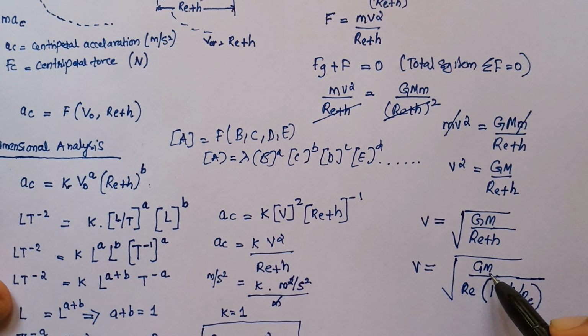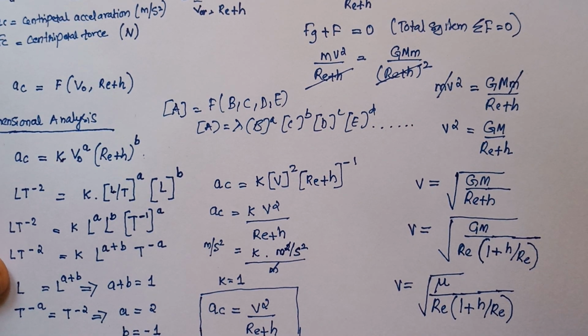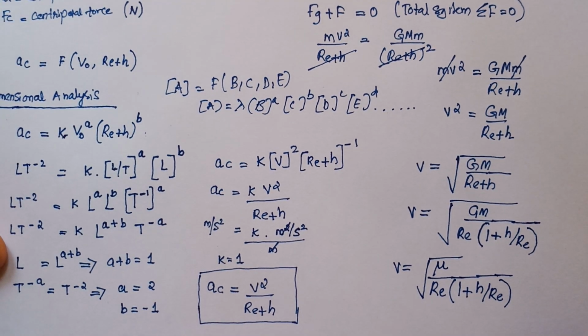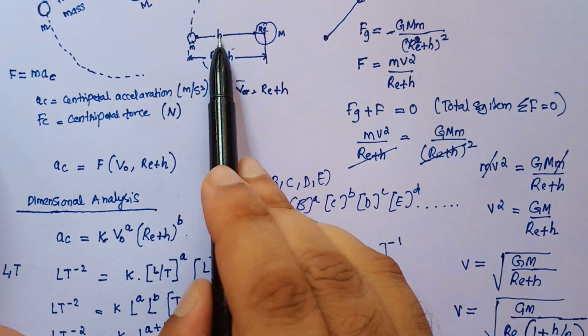So GM, we know it is the gravitational parameter represented by mu, and this is Re, so we can write v is equal to root of mu divided by Re into (1 + h by Re). Now let's see that h is very small.